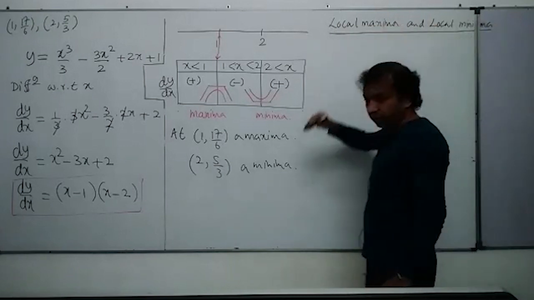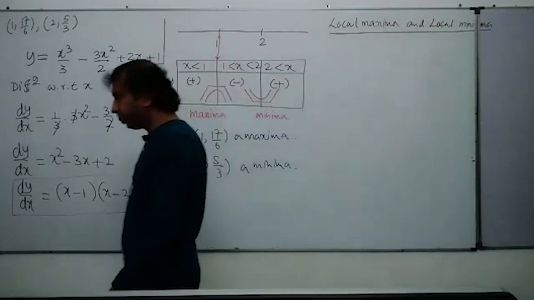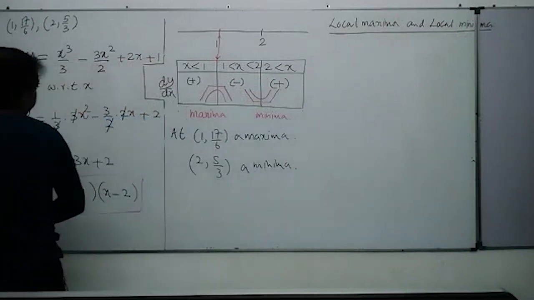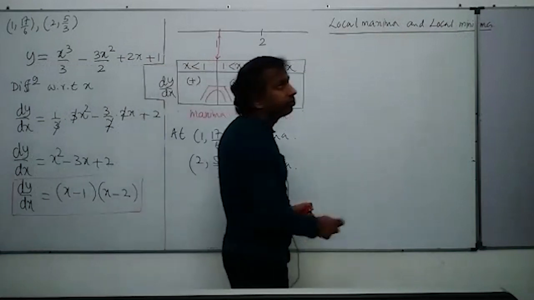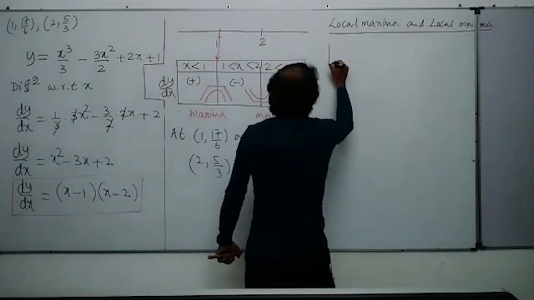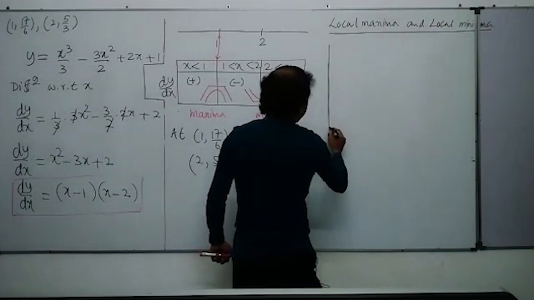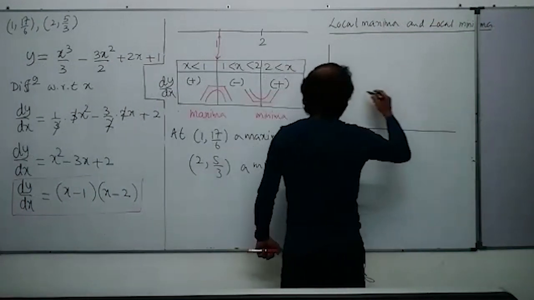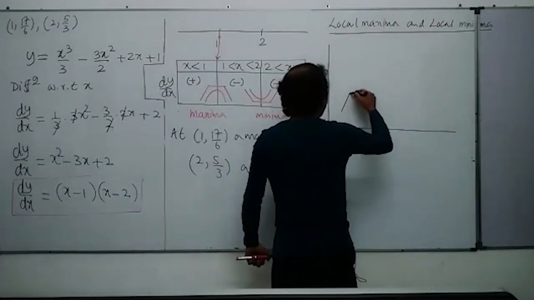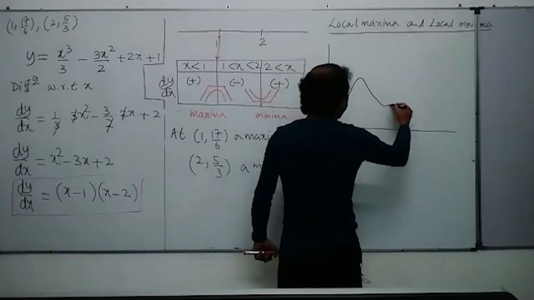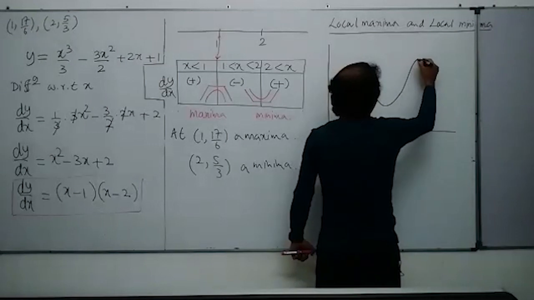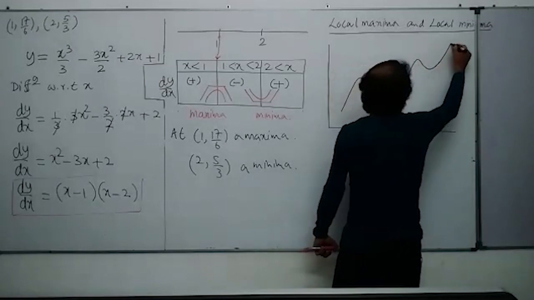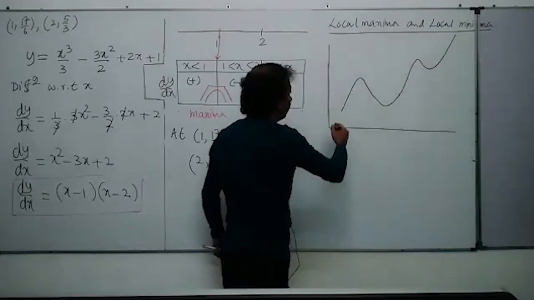But people, now we will consider this way, a graph. Suppose we have a graph like this. A graph we have like this. This way.